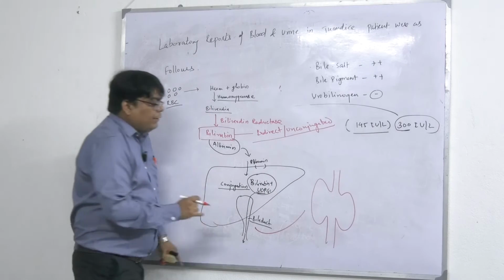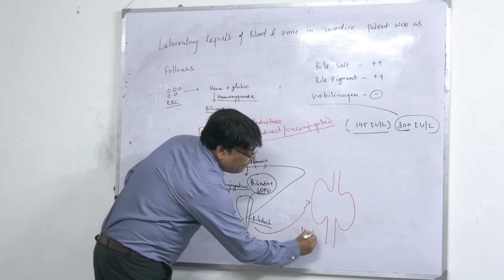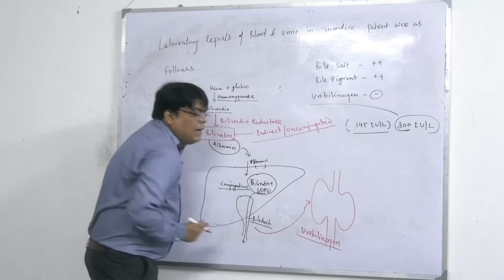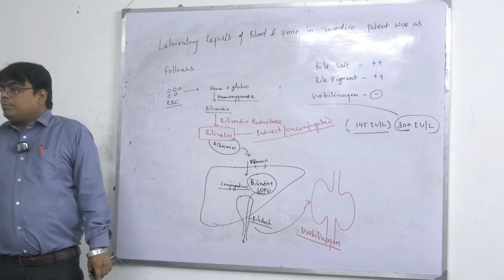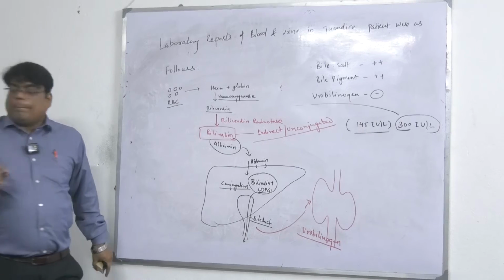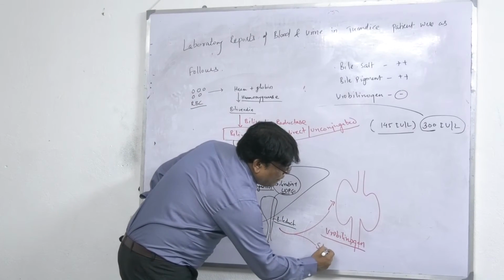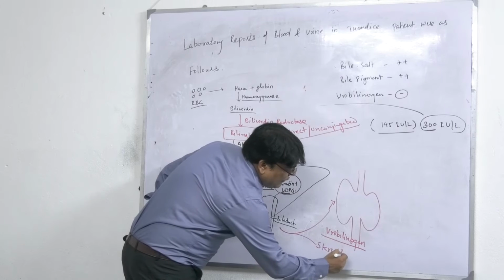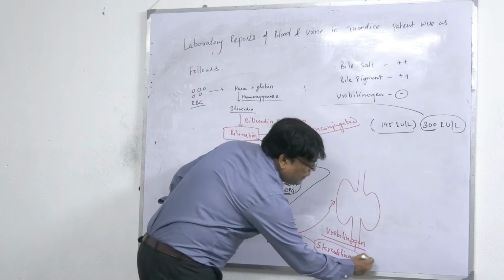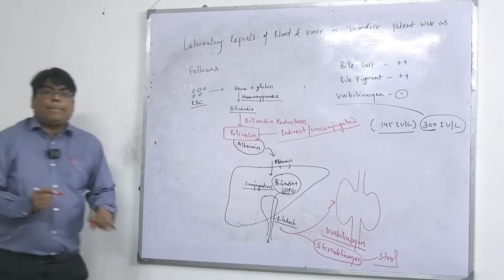Then it goes to the kidney, where it is converted into urobilinogen, and urobilinogen, as you already know, is responsible for the coloration of urine because it is a urochrome. And by bacterial activity it forms stercobilinogen. Stercobilinogen is basically responsible for the coloration of stool.